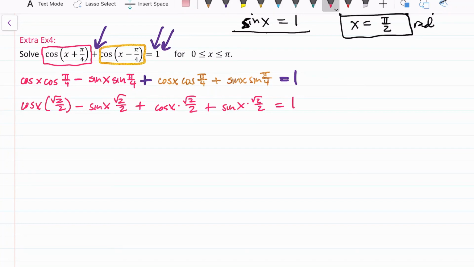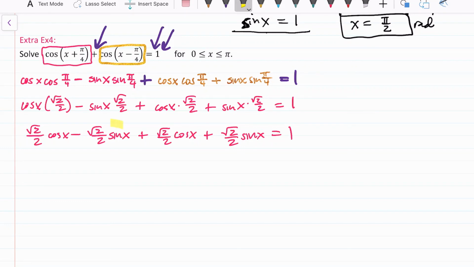So for this one, we have radical 2 over 2 cosine x minus radical 2 over 2 sine x. The radical 2 over 2 is the coefficient, plus radical 2 over 2 cosine x plus radical 2 over 2 sine x. Again, we have two that will cancel out. So these will cancel out because they are the same, but opposite signs.